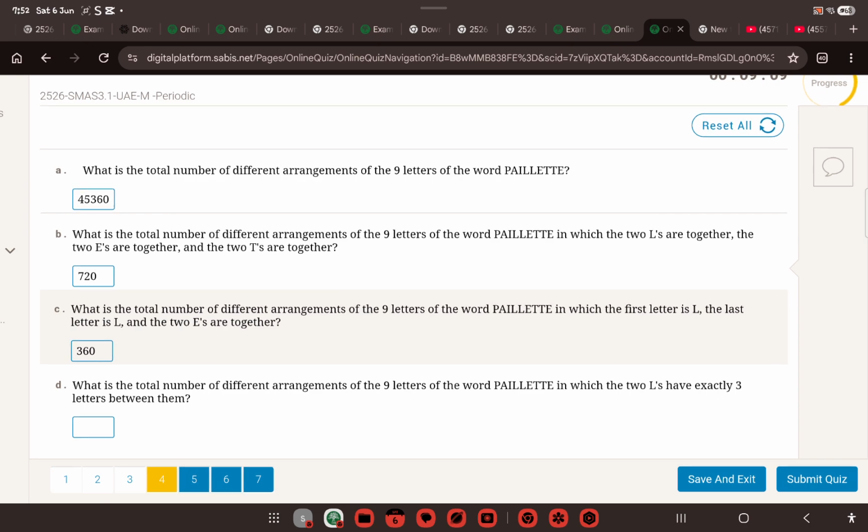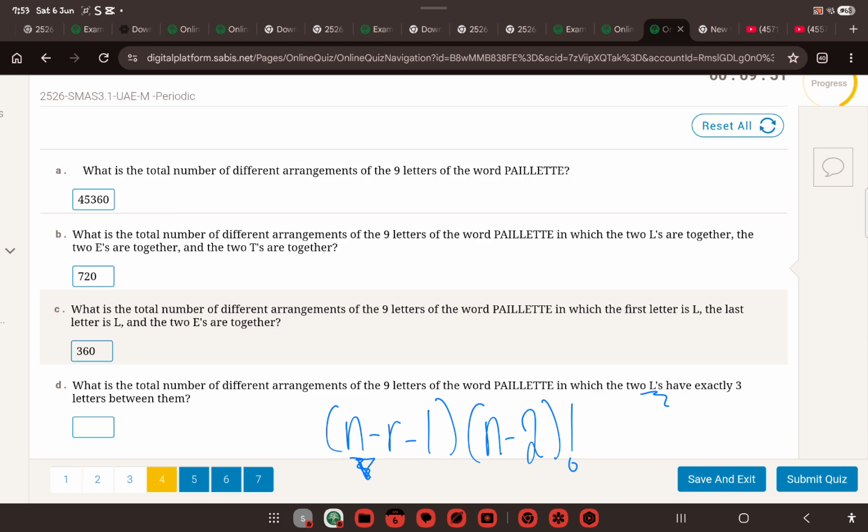What is the total number of different arrangements of the 9 letters of the word palette in which the 2 L's have exactly 3 letters between them? We can use the formula. We don't do 2 times since it's 2 L's, so we do n minus r minus 1 times n minus 2 factorial. n is 9, so we do 9 minus 3 minus 1 times 9 minus 2 factorial.